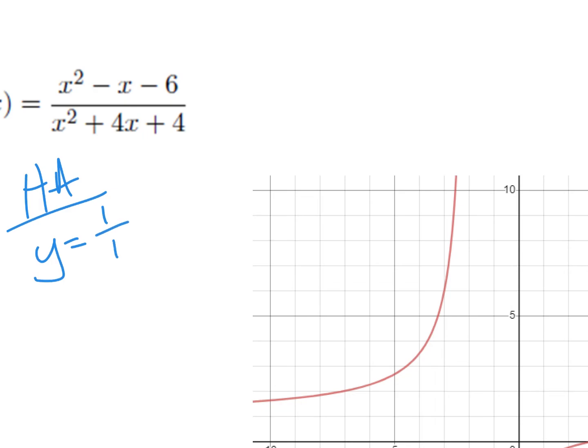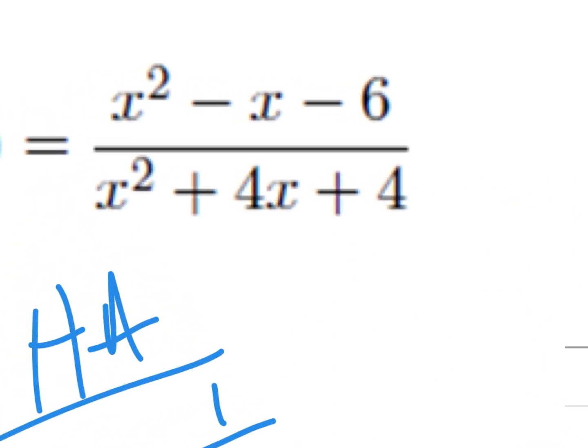Okay, so let's talk through why that would be. On this graph, would you agree that it has a 1 as the lead coefficient? Then do you also agree that this is same on both? Same degree on both.